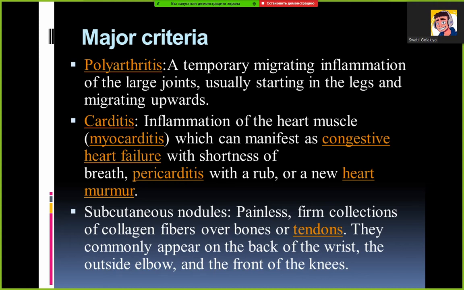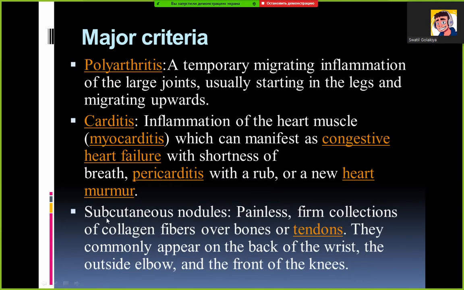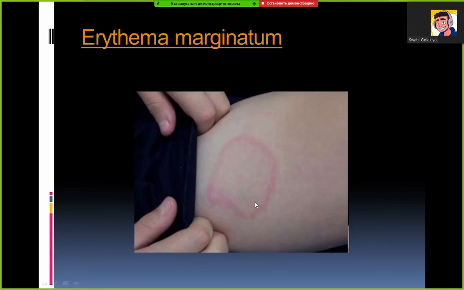The next, subcutaneous nodules and erythema marginatum and Sydenham's chorea. So 1, 2, 3, 4, 5. 5 major criteria. This is illustration of erythema marginatum, ring-like rash.